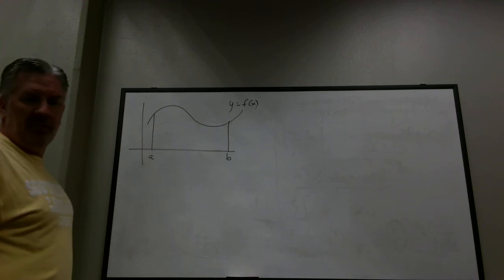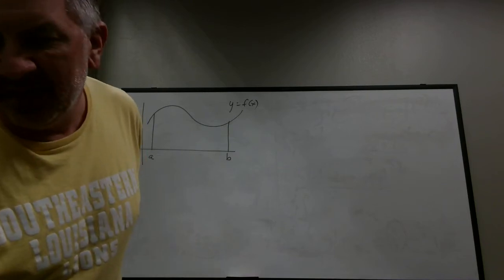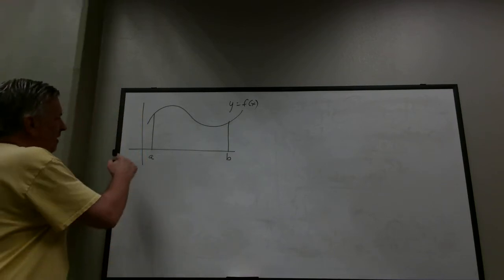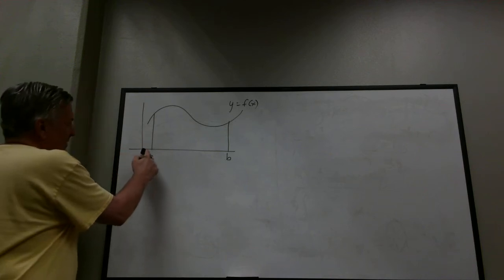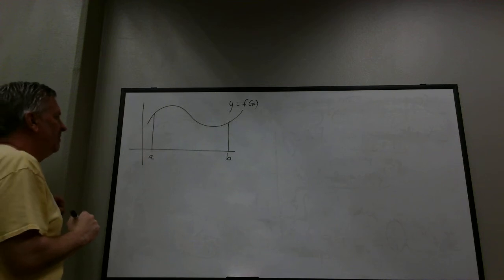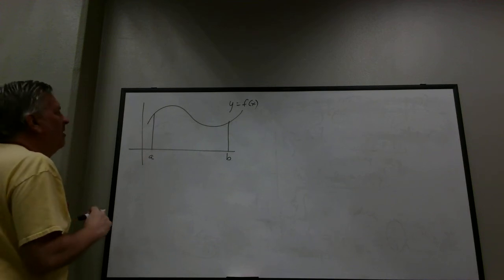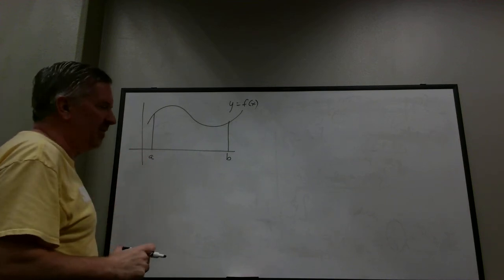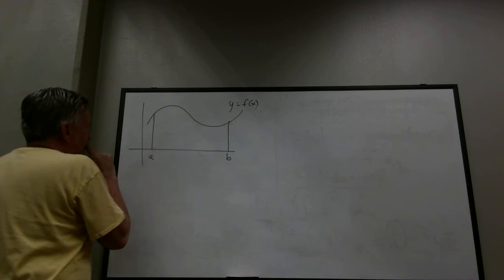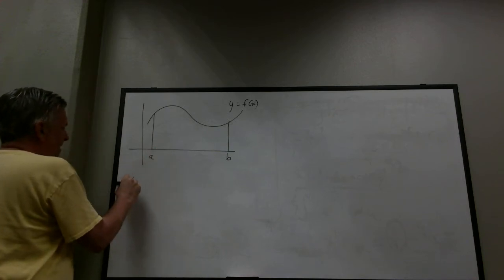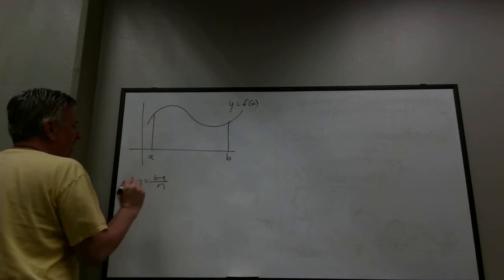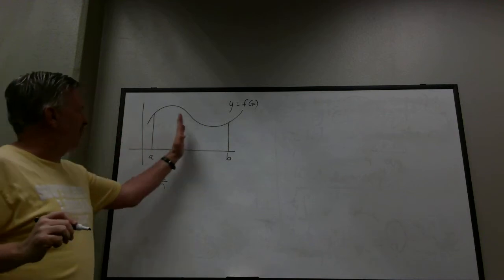And what we did, do I want to use an equal partition? What we did is when we first did this, we chopped this up into equal subintervals. I'm going to go ahead and do that just to save ourselves a little bit of notation. So remember we found this delta x, which we computed as b minus a over n, where n is the number of rectangles.